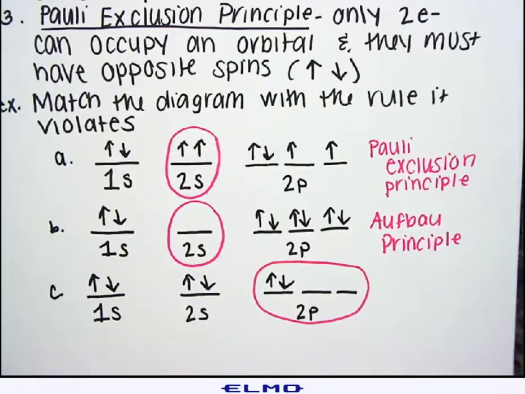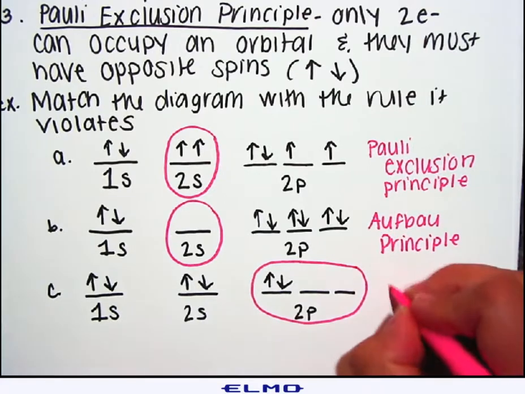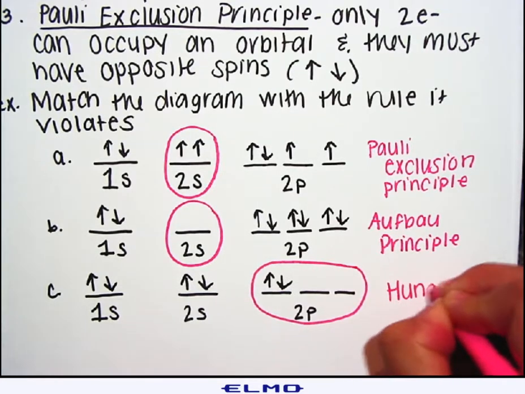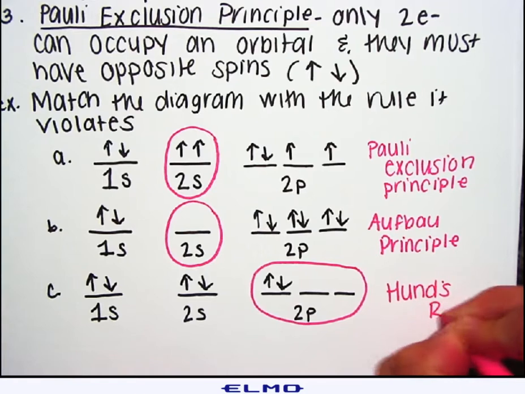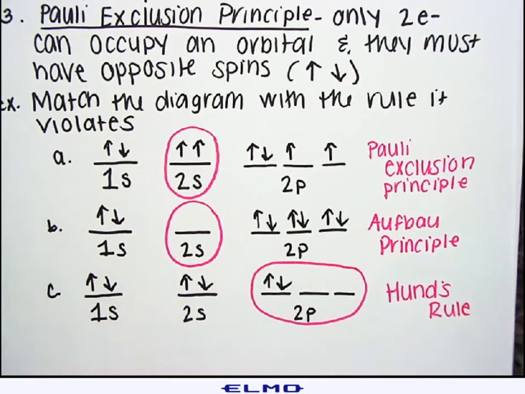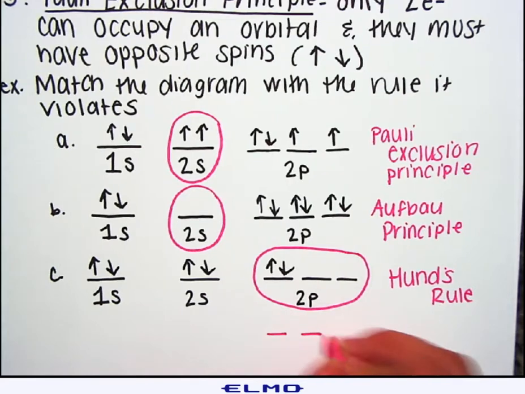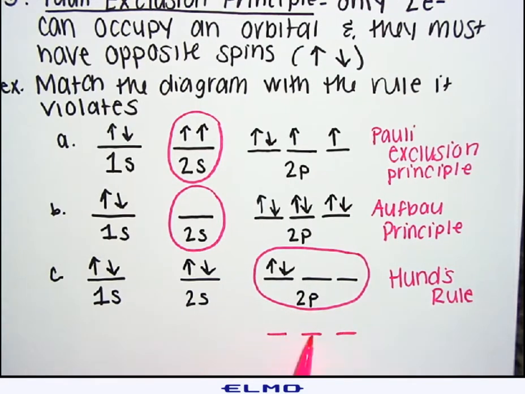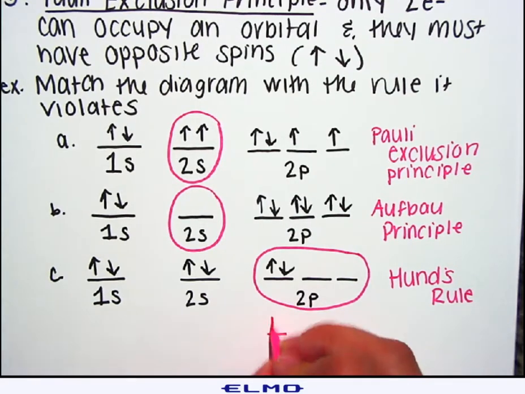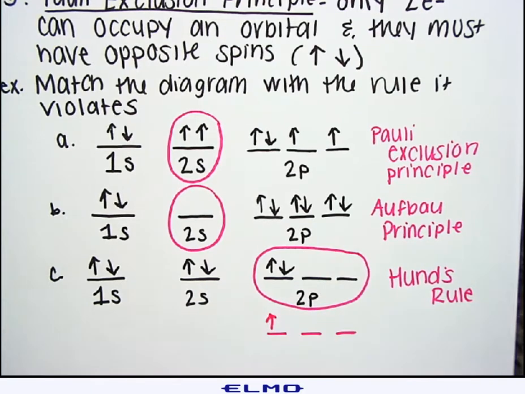In C, the mistake is in the 2p orbital. This violates Hund's rule. All orbitals have to be filled with 1 electron before we pair. So what this one should look like, imagine these are 3 empty seats on the bus. We're going to place the first electron in the first orbital.